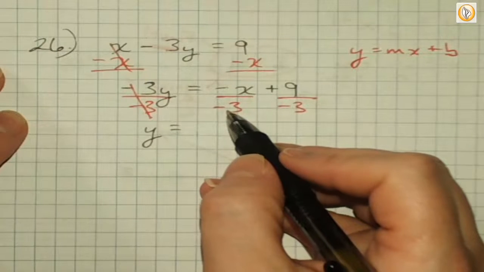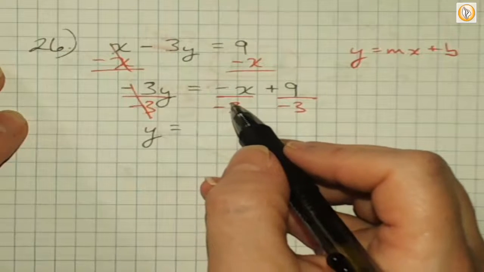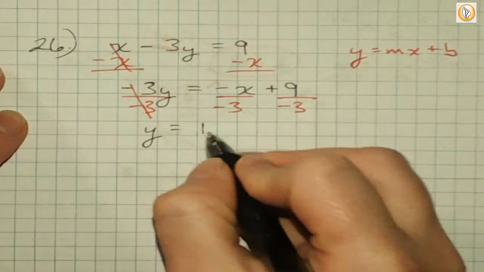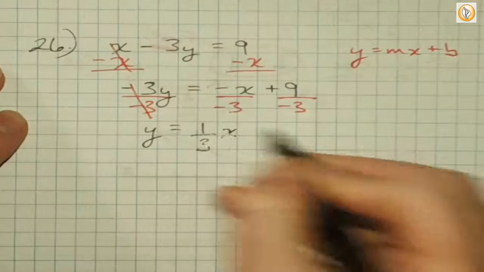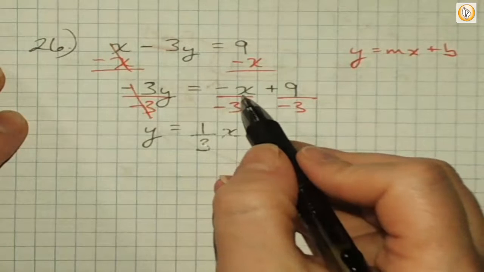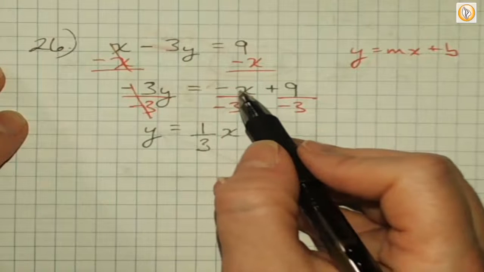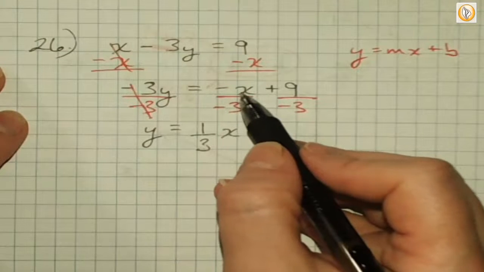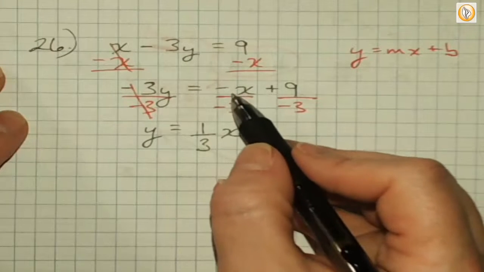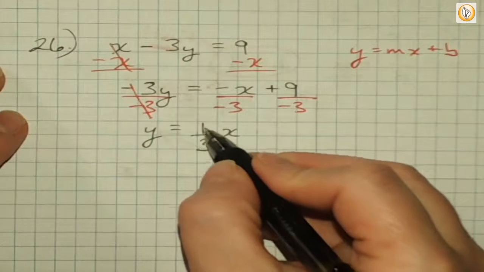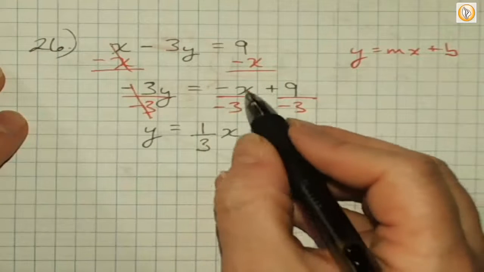So x over 3, 1x over 3. Bingo. It's going to be 1 over 3x. Because even Kelly was saying, I put 1 at negative 1x. Yes, if there is no number there, go ahead and put a 1. Because the answer is 1 over 3x.